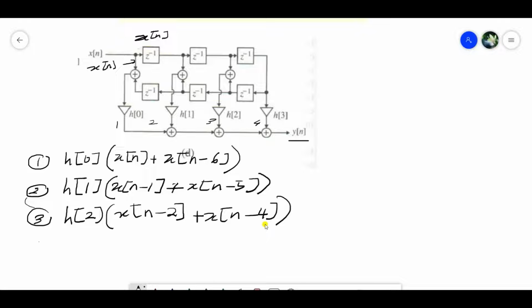Then you have number 4, H3. H3 comes from this one. There's no summing junction, it's just a branch. That means xn goes into a delay, goes into a delay, goes into a delay, and goes out to H3. So this is xn minus 3.